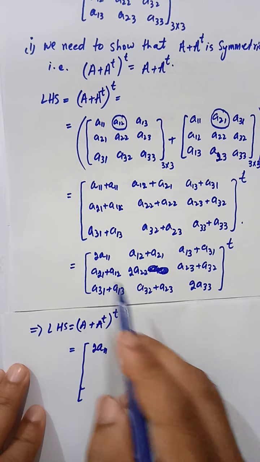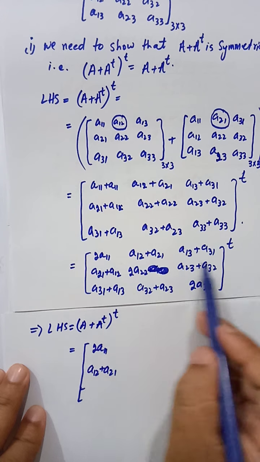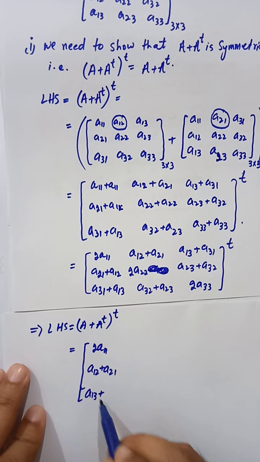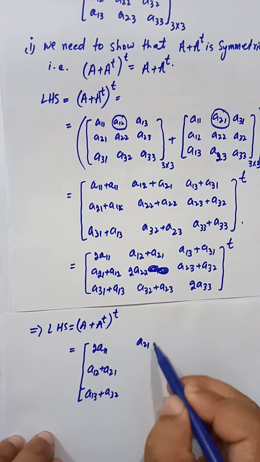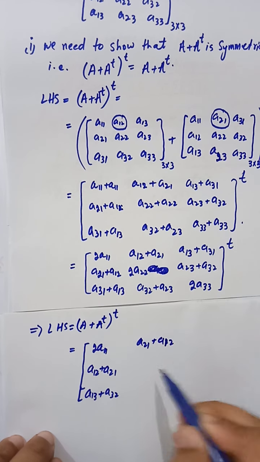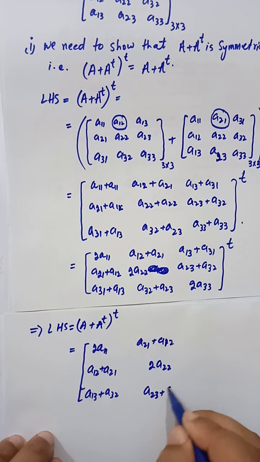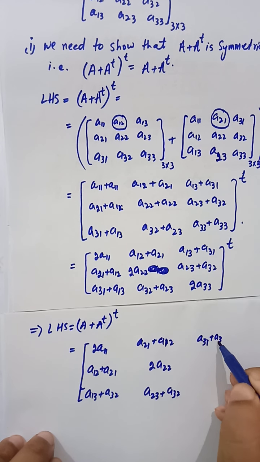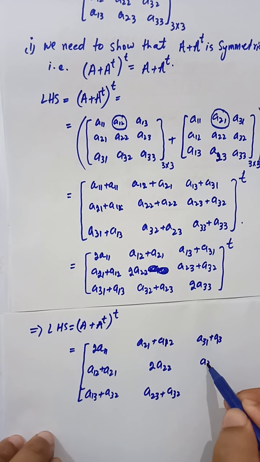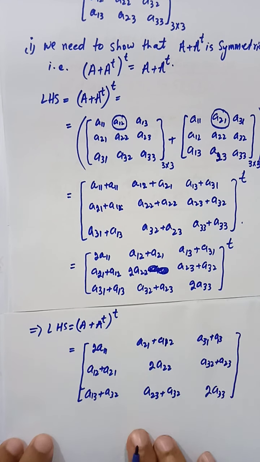So this first row is converted into the first column, the second row is converted into the second column, and the third row is converted into the third column. So this is the transpose of that matrix.